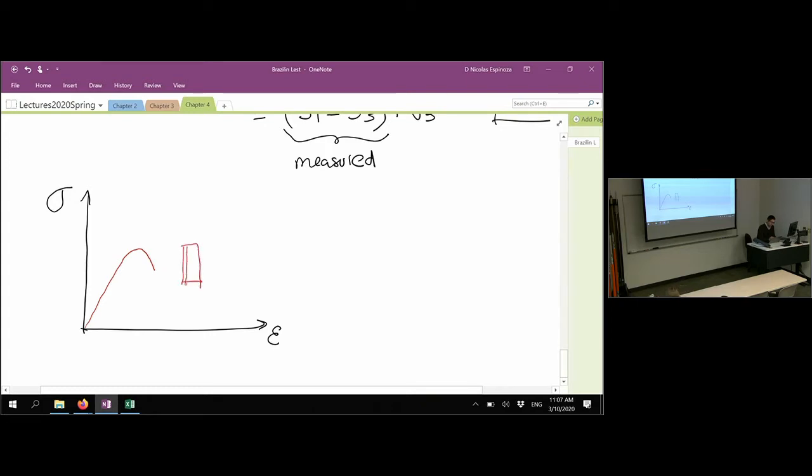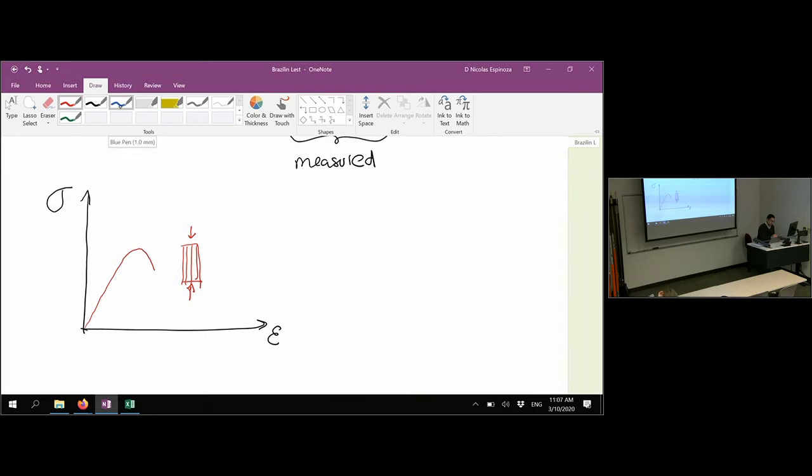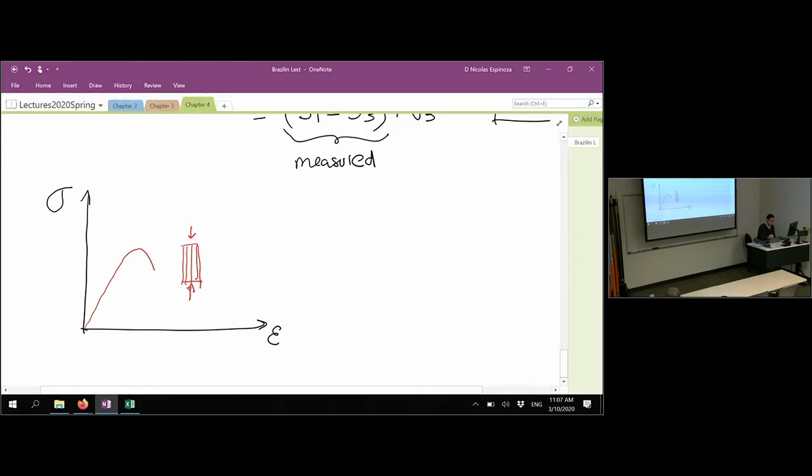This is going to be a sample loaded in this direction, while if you were to test a vertical sample, it would usually be softer, but it is going to be stronger.